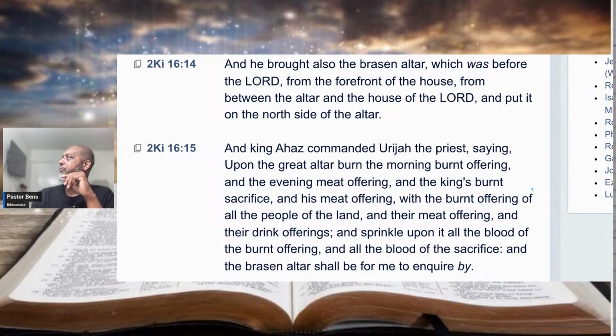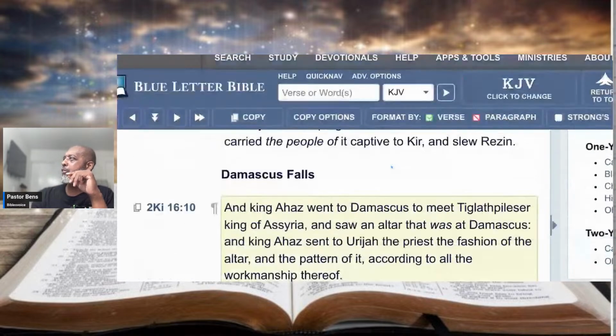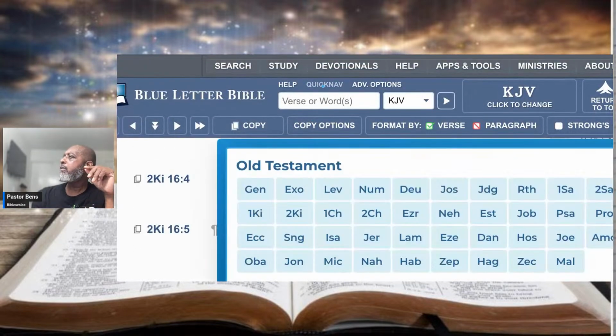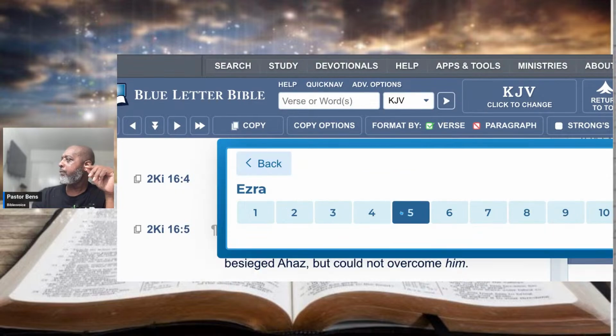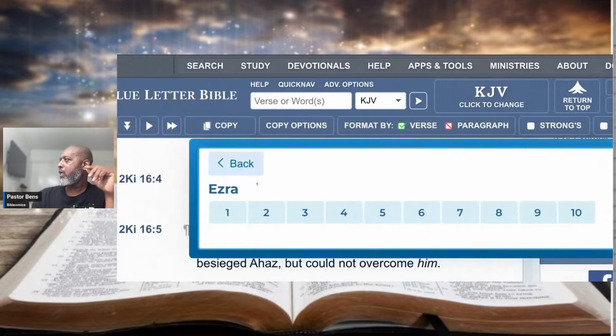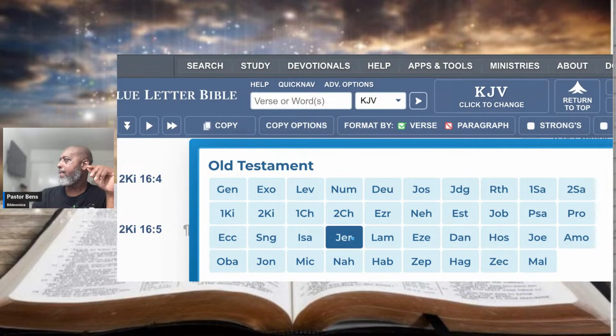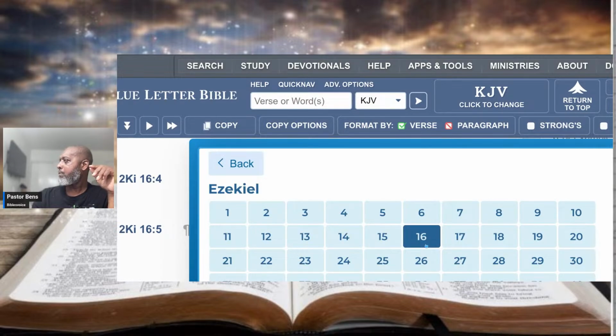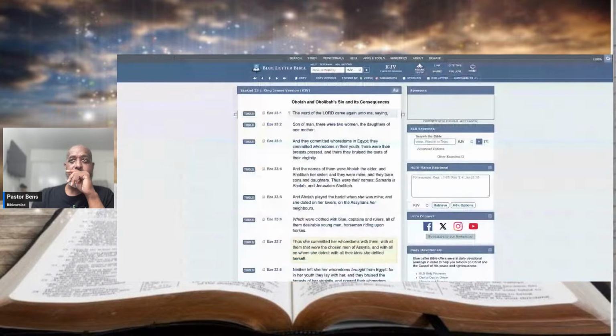Ezekiel 23. I have to show you this because I raised the question, where did he get it from? Ezekiel 23. There we are. We're going to look at verse 14. And this is it.